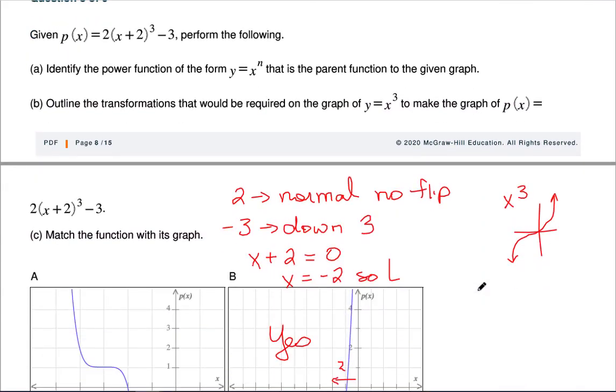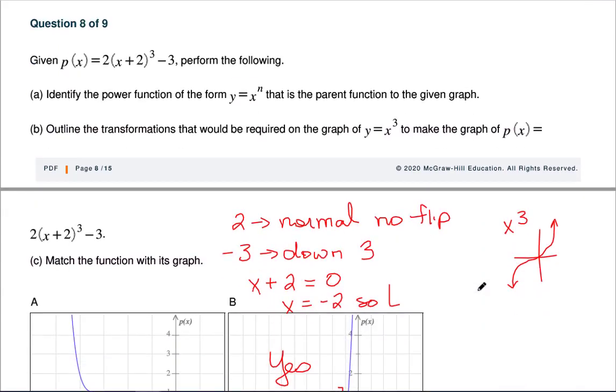All right, question 8 here. What about this guy? Let's see. Well, the important part is it's x cubed. The lead part is a positive number, so it's essentially going to look like an x cubed normally. The -3 on the end, we go down by 3.